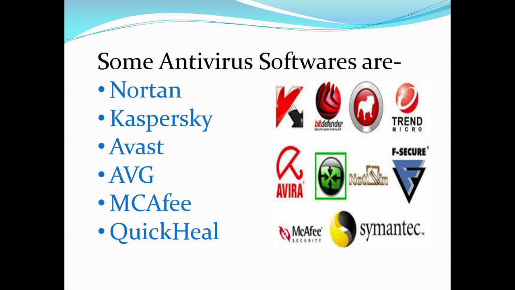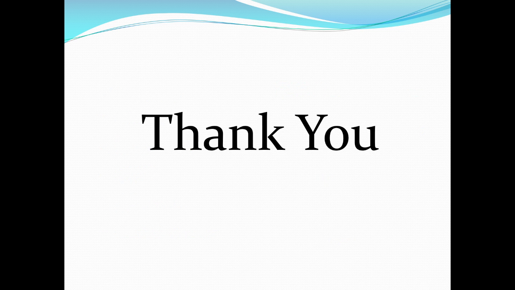Some antivirus software are Norton, Kaspersky, Avast, AVG, McAfee, QuickHeal, and many more. To scan a computer with an antivirus, you have to follow certain steps which are different for each antivirus software. Thank you for listening to me.